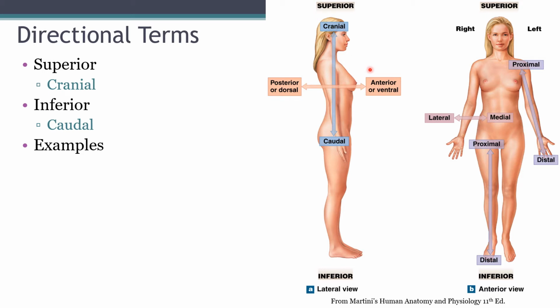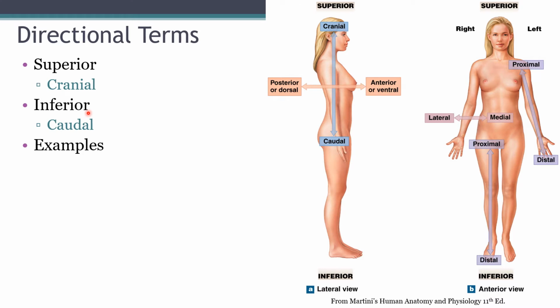Now, I have to warn you that that's not always the case. If you're an organism that walks on four legs like a cat, cranial and superior are not going to be the same thing. Right? And we'll talk about what is. Also you'll see in your notes here that I give you some examples. So the head is superior to the abdomen or the head is cranial to the abdomen. Either way is the correct way of saying it.